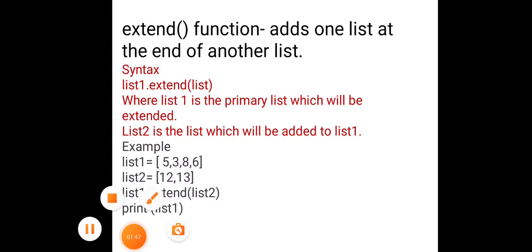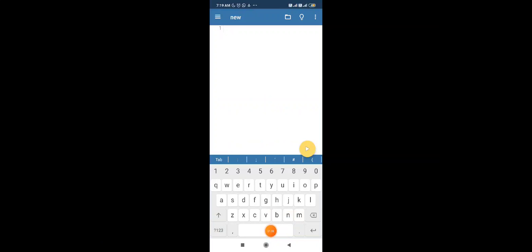Let's do it practically. Suppose we have list1, we take L1 as list1 equals to elements 5, 3, 8, 6. Then list2, suppose list2 is L2, and the elements of list2 are 12, 13. We want to add list2 with list1.